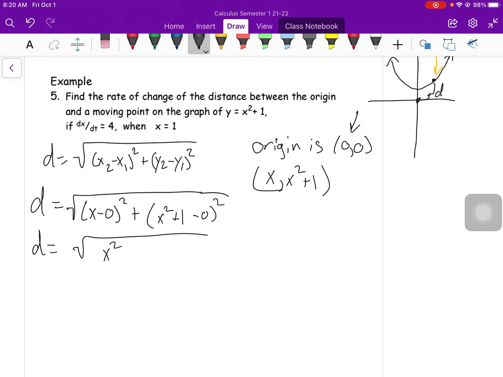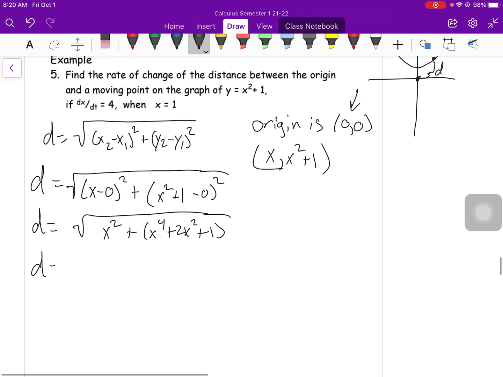I'm going to continue to get x squared plus, and then I have x squared plus 1 squared, which is going to give me x to the 4th plus 2x squared plus 1. I can combine some like terms there. I've got square root of x to the 4th plus 3x squared plus 1.